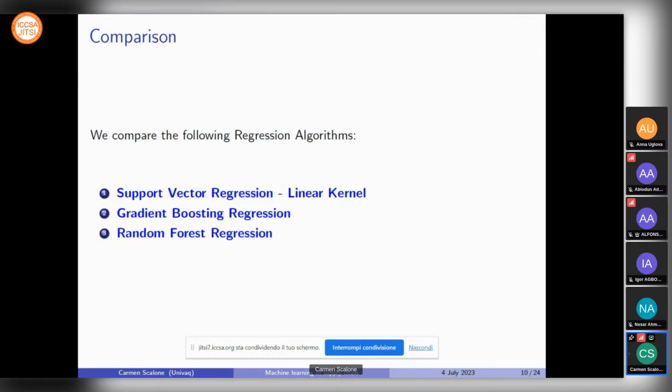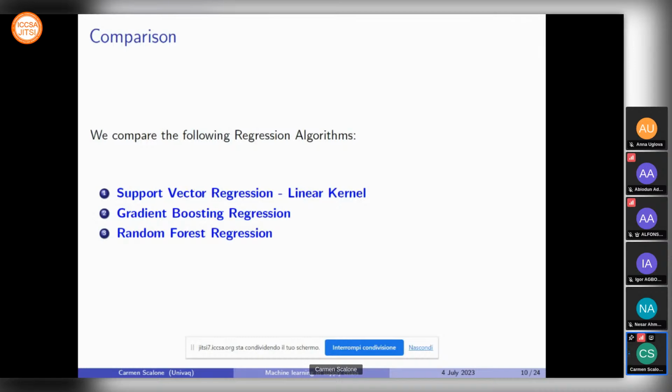We used support vector regression with a linear kernel because I have a mathematics background, so it is useful to try some linear model first to understand if the linear model is suited, but we will see that this possibility is not so good. And two other possibilities, performing very well, are gradient boosting regression and random forest.